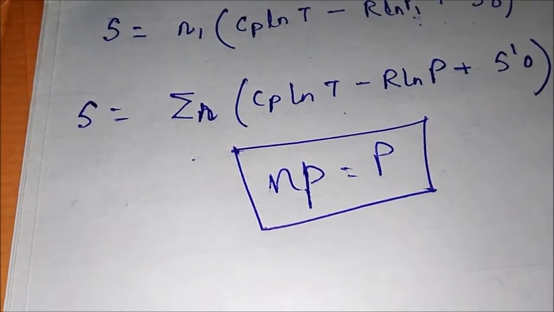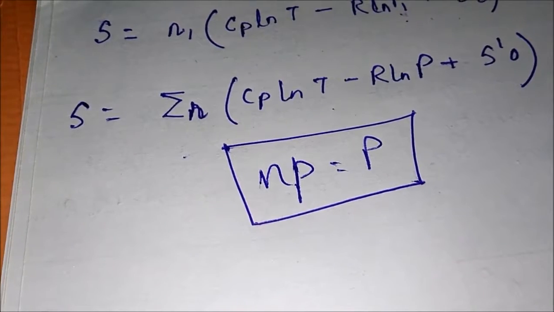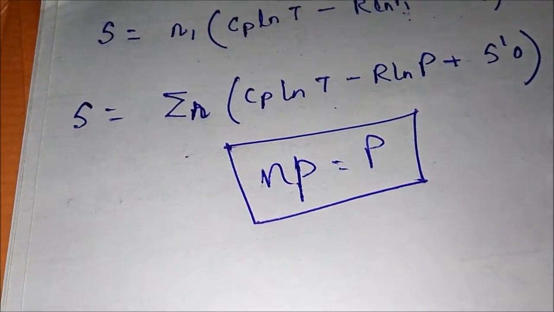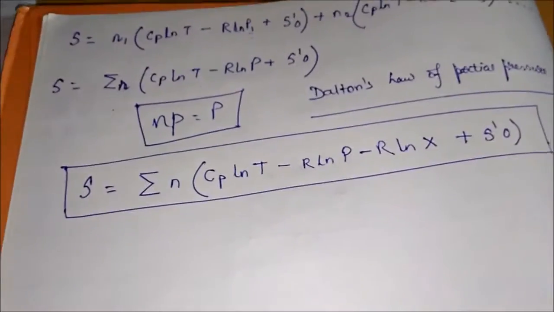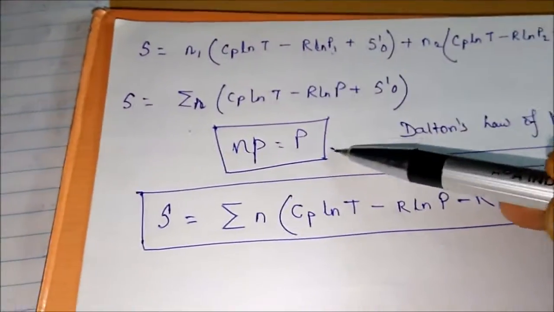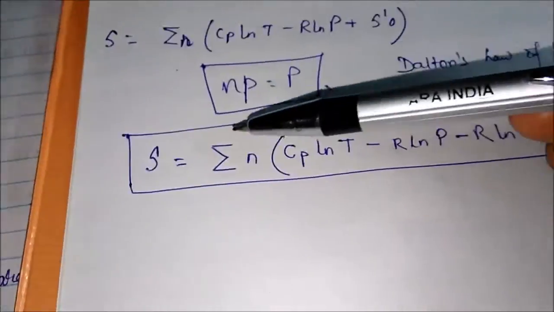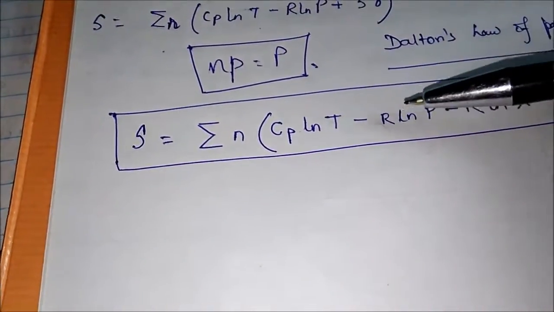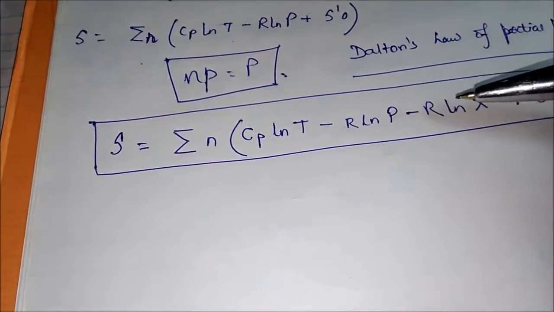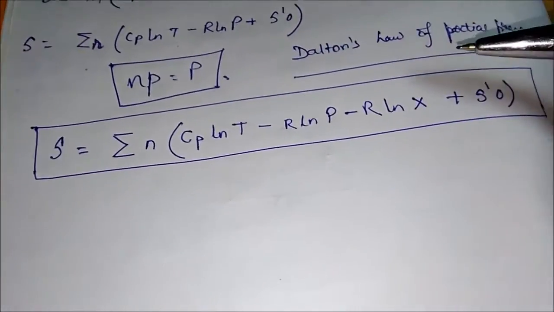Let me write down the forward equation because it is really difficult to hold the camera and write. Once you input this idea into this equation, you will get S is equal to the summation of N Cp ln T minus R ln P minus R ln X, which I will explain just now, plus S naught.